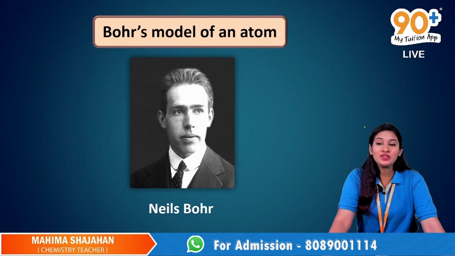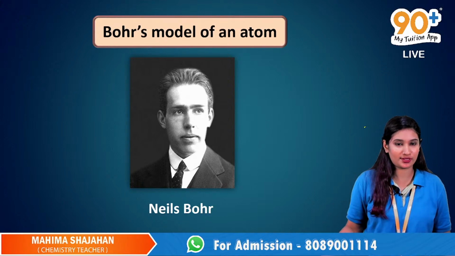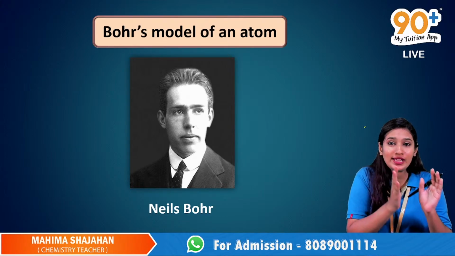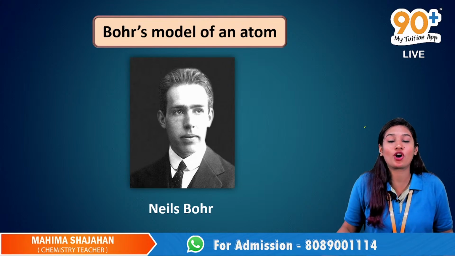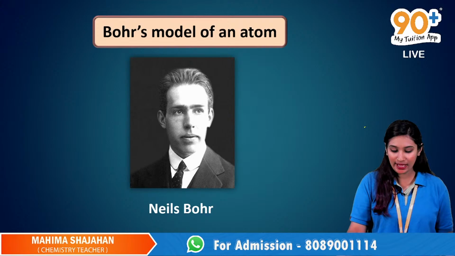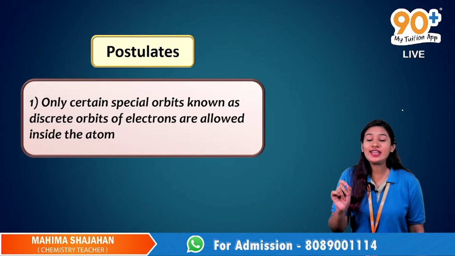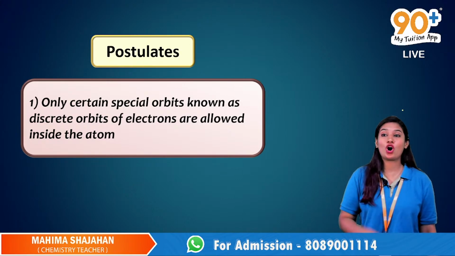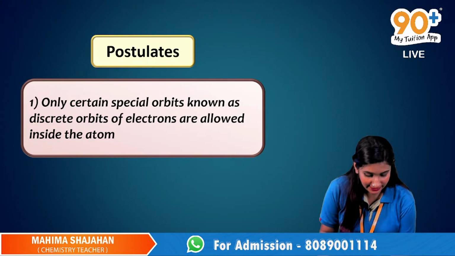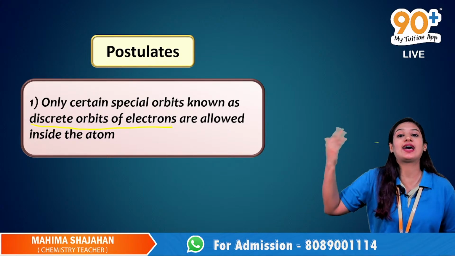Inside an atom there are special orbits called discrete orbits, and in the discrete orbits you can find electrons. That was his first postulate: only certain special orbits, known as discrete orbits of electrons, are allowed inside an atom.